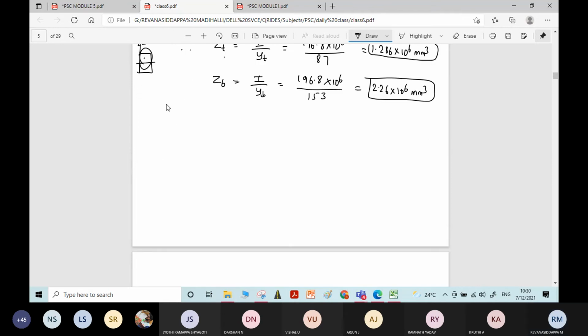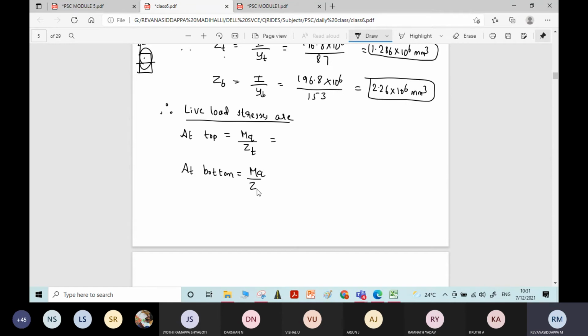Therefore live load stresses are, at top, MQ by ZT, and at bottom, MQ by ZB.